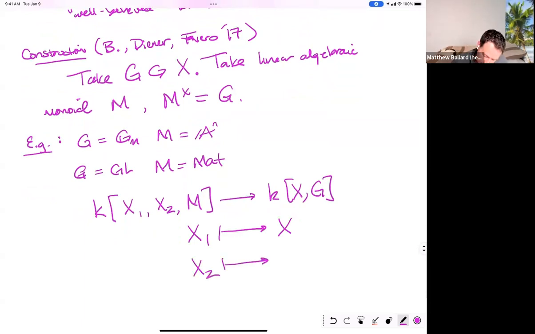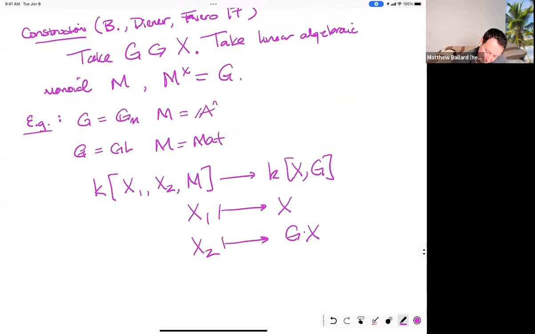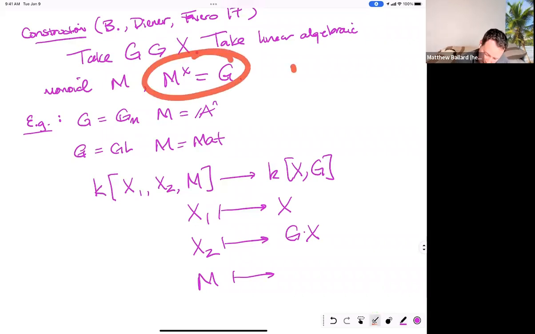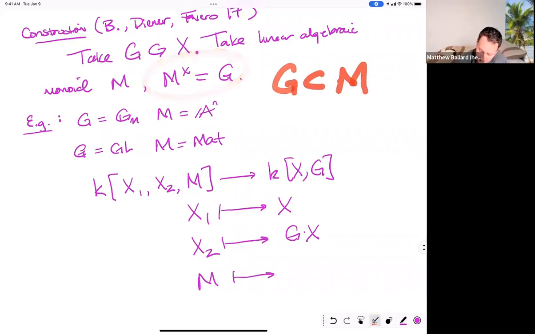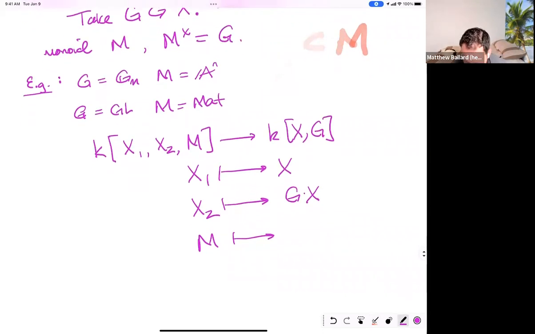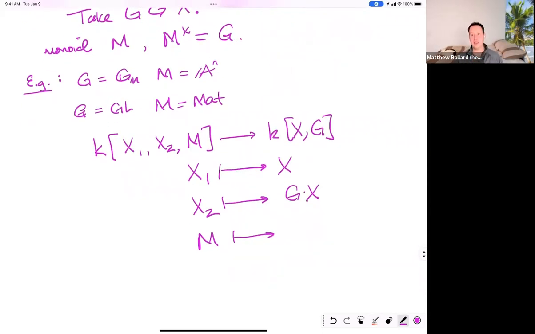Next, we send a function on X to whatever G does to it. And then finally, G is a subset of M, so I can include the functions on M into the functions on G.